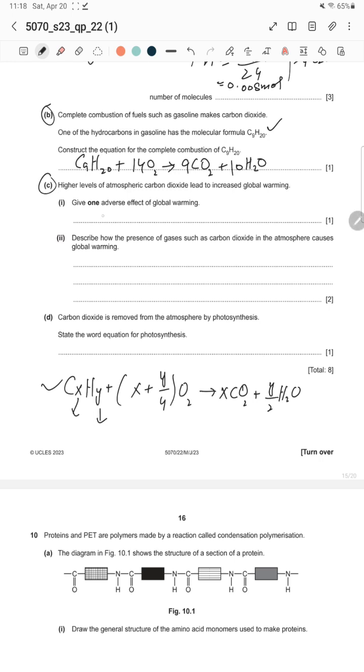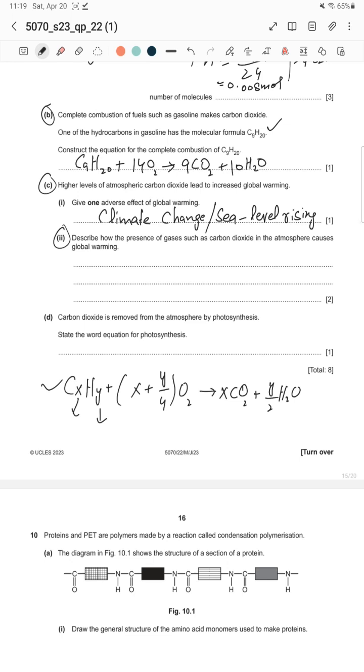So climate change is the adverse effect of global warming, or the sea level rises, as freshwater resources or glaciers are melting due to high temperature. So global warming is depleting the potable water resources.